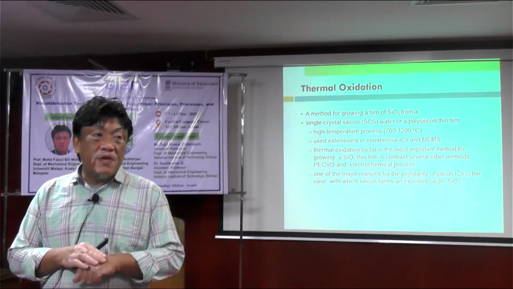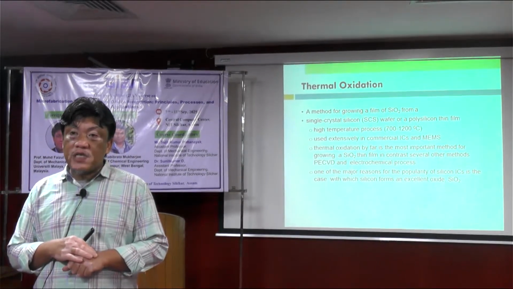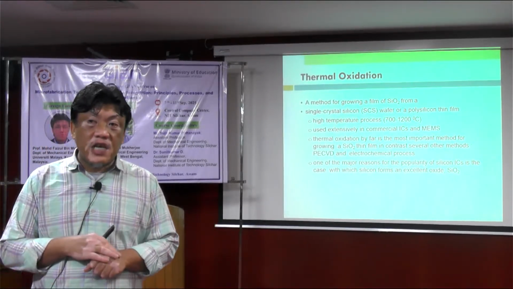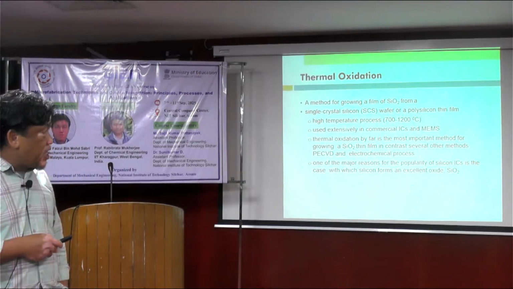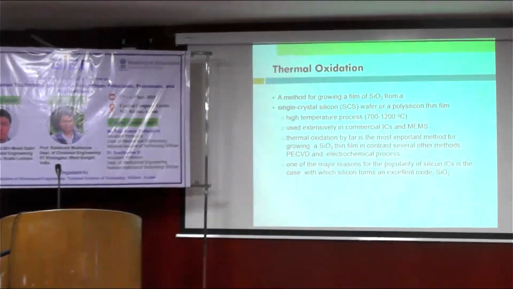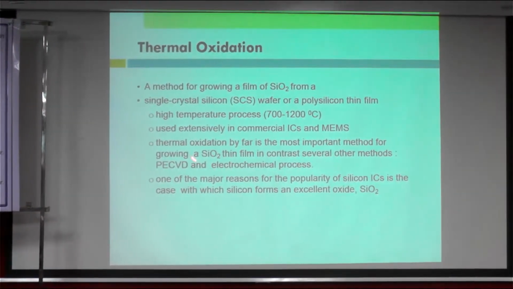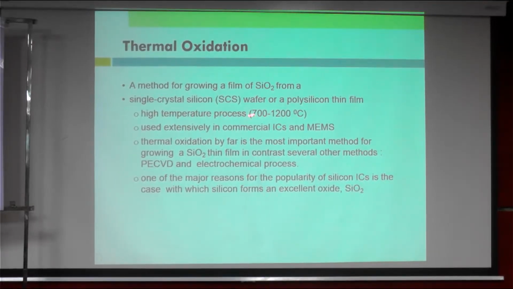Then normally we will have a layer of non-conducting material which acts as an insulator. Silicon dioxide is an insulation material that can be deposited or grown on the silicon substrate easily with good control, using a high temperature process, 700 to 1000 degrees Celsius. It depends on the process. We have different processes basically.